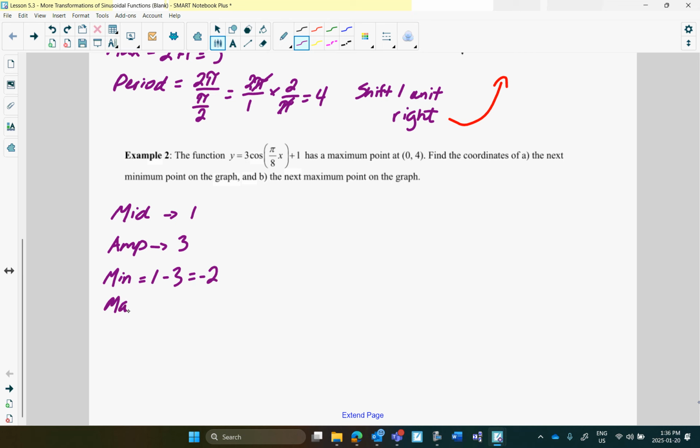And the max is 1 plus 3, or 4. Period is 2 pi divided by b, which is pi over 8, which is the same as 2 pi over 1 times 8 over pi. Pi's cancel, and you're left with 16.